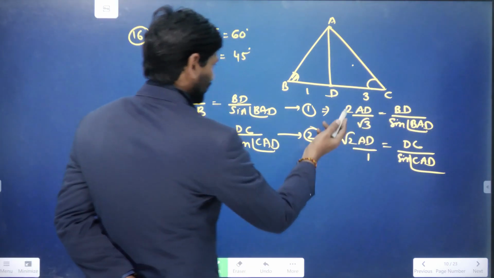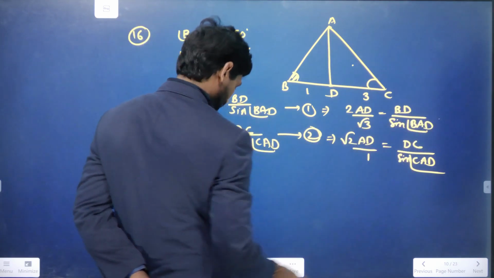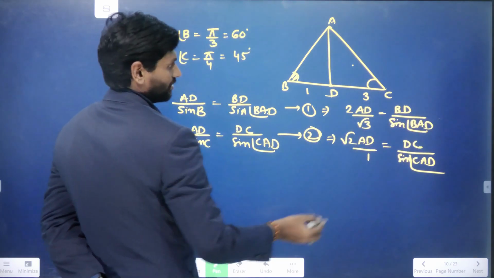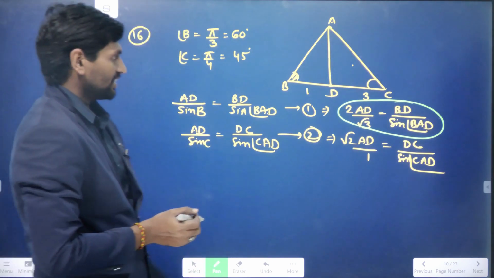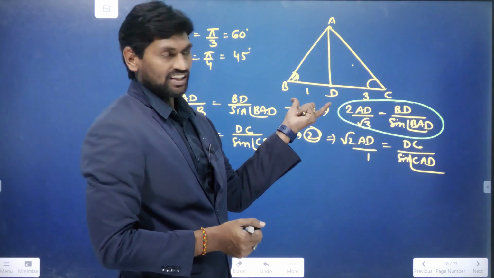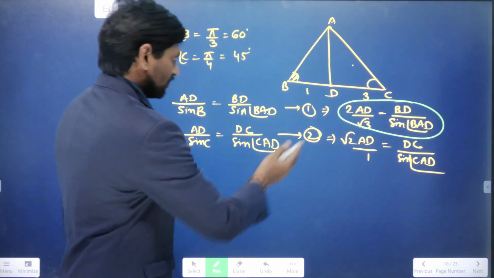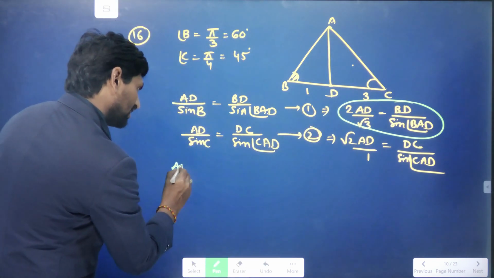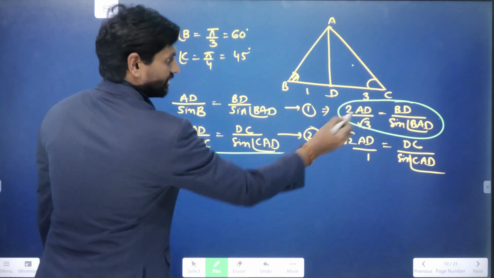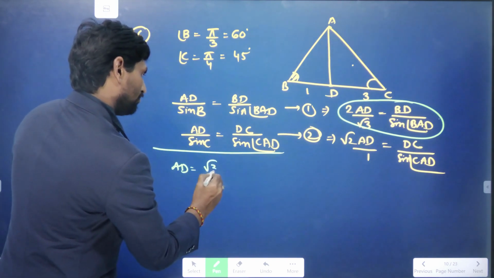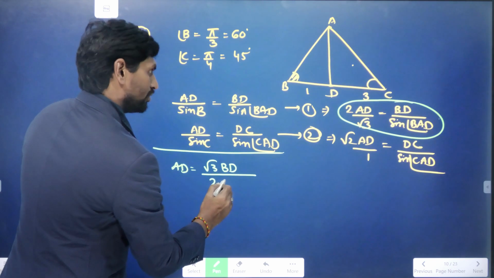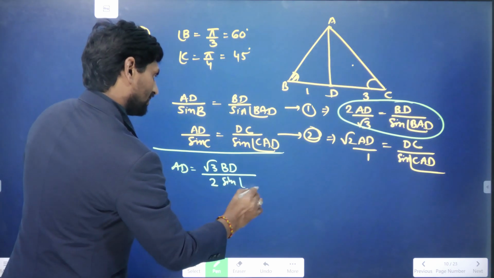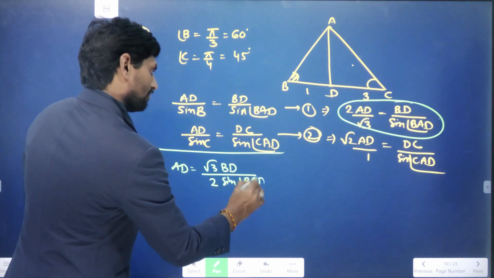Now from the first one, I can write AD equals root 3 BD by 2 sin BAD.